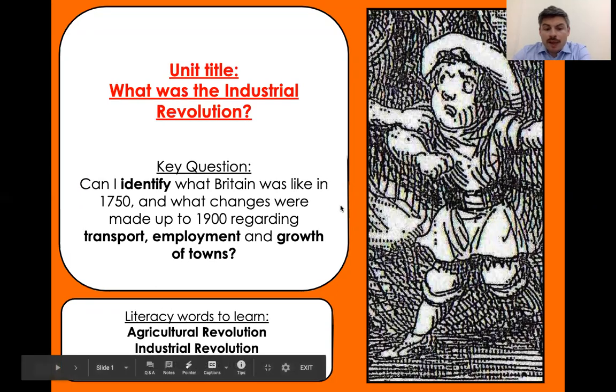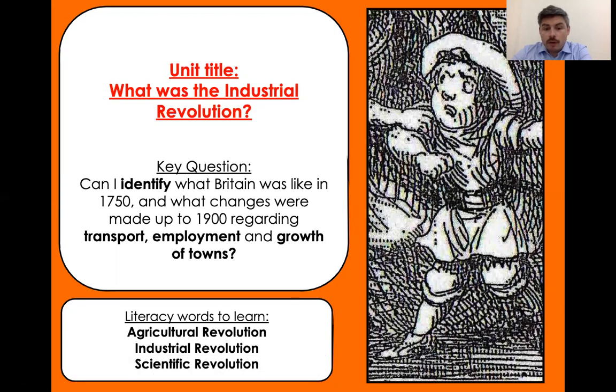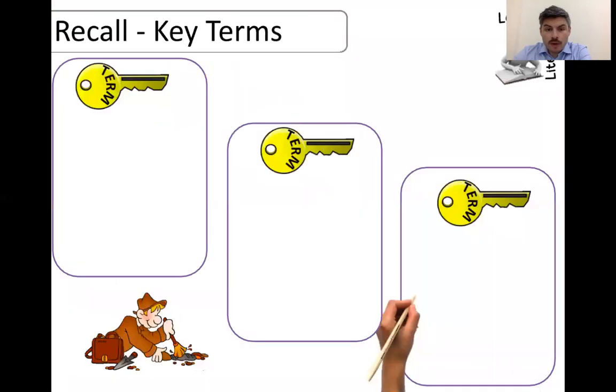And we're going to have three key words. They are going to be agricultural revolution, industrial revolution, and scientific revolution. So for your starter, what I would like you to do is have a look at each definition and then pause and put down from your own knowledge, what do you think each of these key terms means?